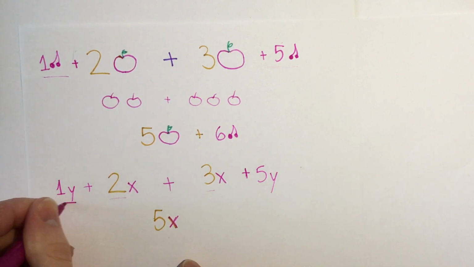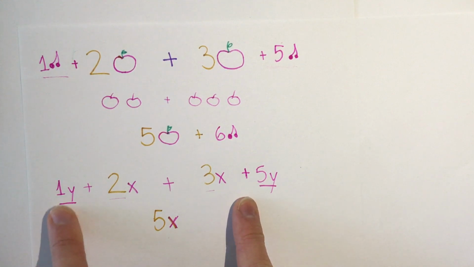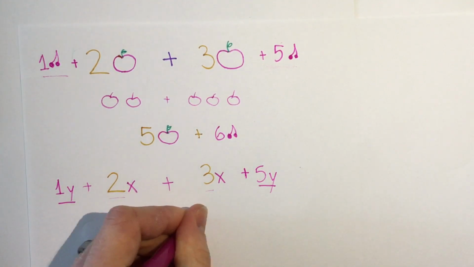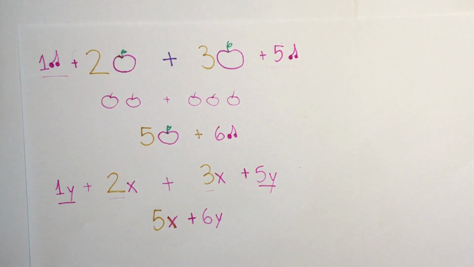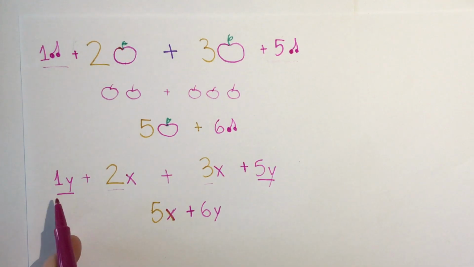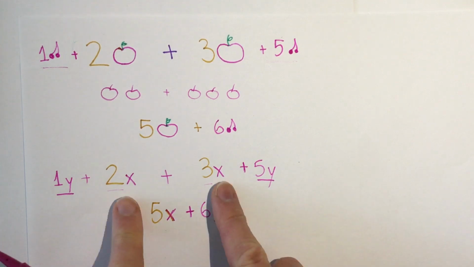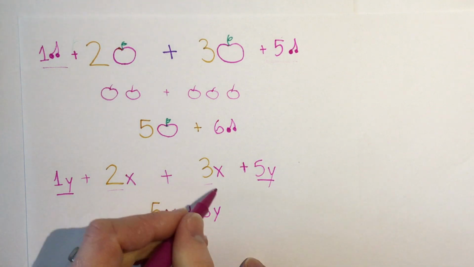So what we have to do is look at our y's, find both of them. In this case, there's 2. 1y plus 5y tells us that there is 1 plus 5, 6y. So if we were asked to simplify this, we would simplify it by combining our like terms, our x's and our y's, to make 5x plus 6y.